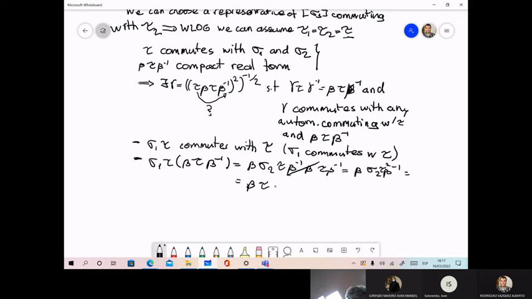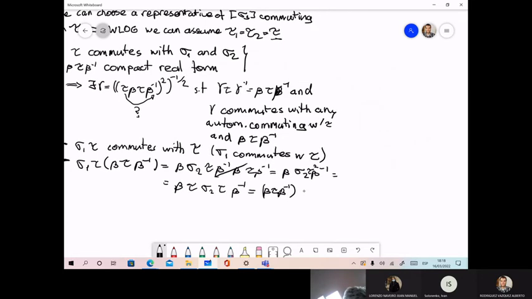This is beta tau sigma 2 tau beta minus 1, but this is beta tau beta minus 1 beta sigma 2 tau beta minus 1, which is beta tau beta minus 1 sigma 1 tau.